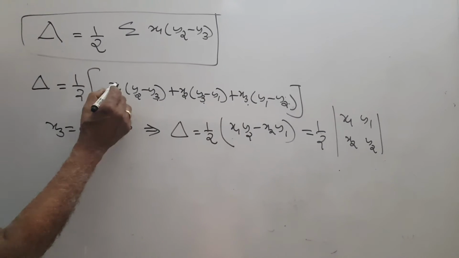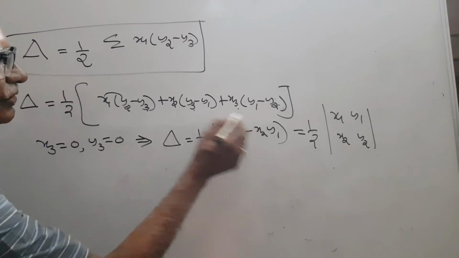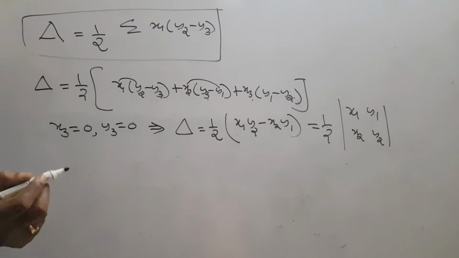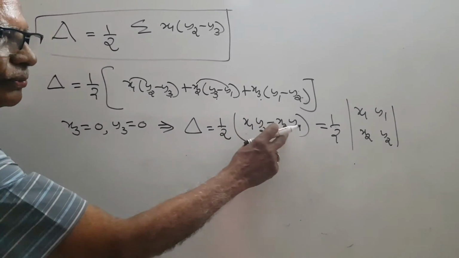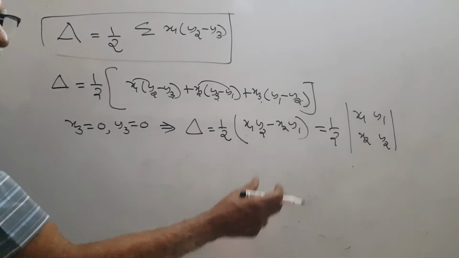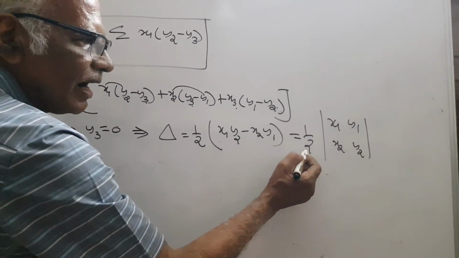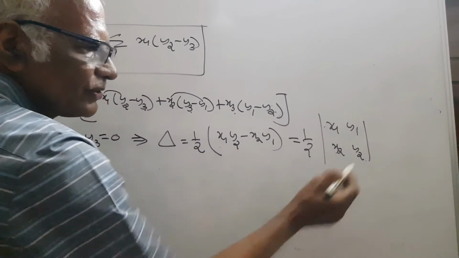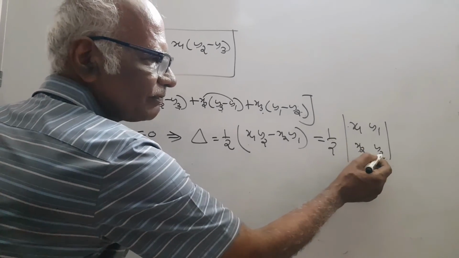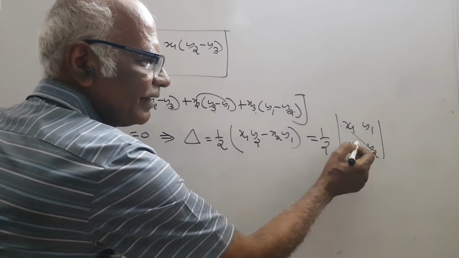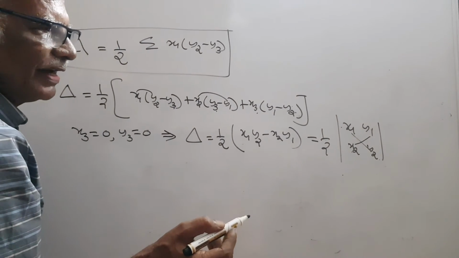So x1 y2 will come there, and then minus x2 y1. Only these two terms will come. So area is half x1 y2 minus x2 y1. And this can be written as a determinant, which we will study later, half x1 y1 x2 y2. The value of this determinant is the product of this diagonal minus the product of this diagonal, x1 y2 minus x2 y1.